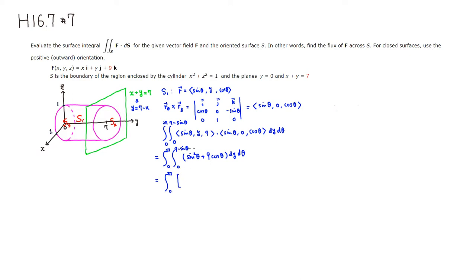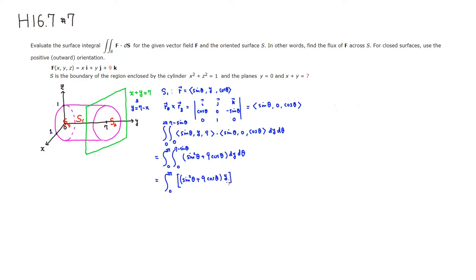The antiderivative is going to be sine squared of theta plus 9 cosine of theta, then times y, because the rest is just a big constant.